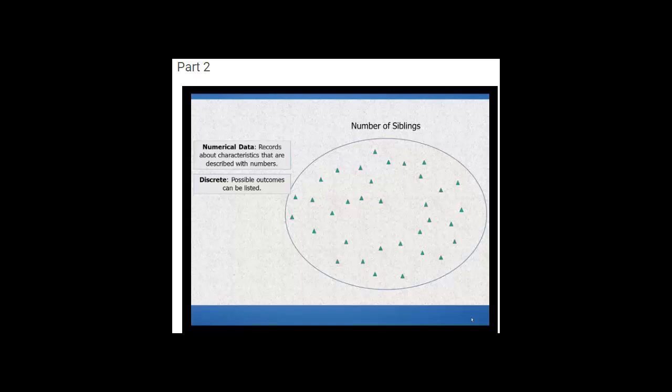For discrete data, the set of all possible outcomes can be listed. However, we are still interested in averages, so we call the population parameter the mean and use the symbol mu. And we call the sample statistic the sample mean and use the symbol x bar, as we did with the other type of numerical data.